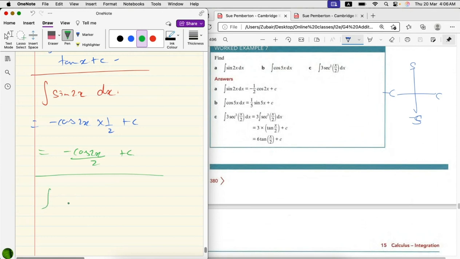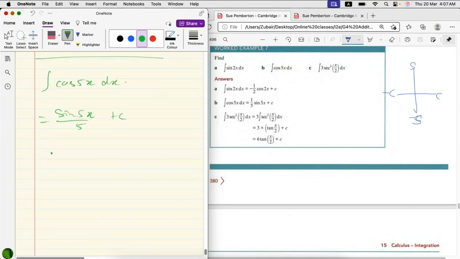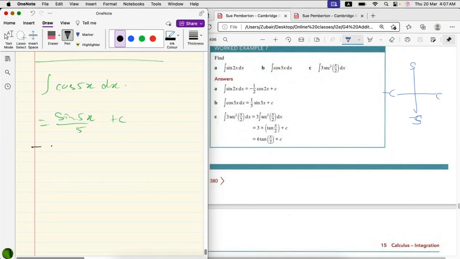Next is integrating cos 5x dx. Integration of cos is sine. So sine 5x, and differentiating the angle and dividing with it. Now we have secant square. Integration of secant square was tan.